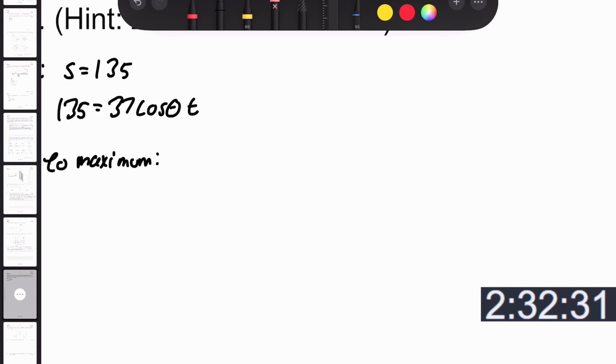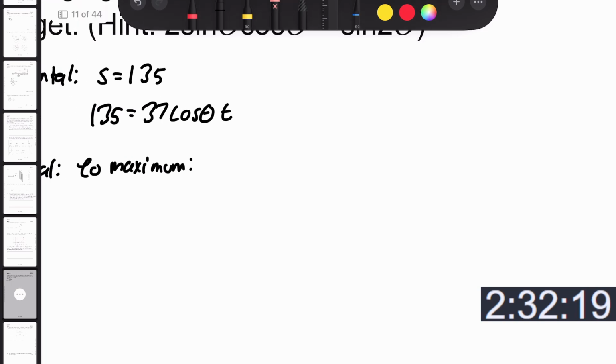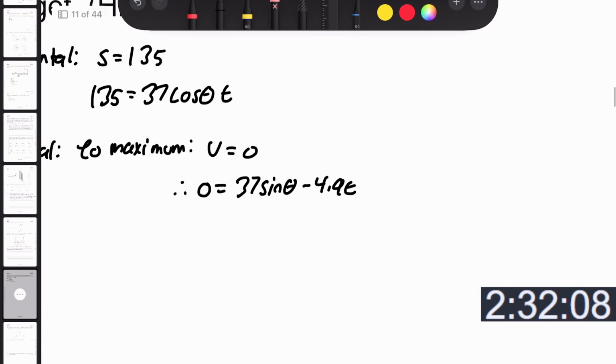Oh no, I can say that at maximum, v equals 0, therefore 0 is equal to 37 sine of theta minus 4.9 t. So then t is equal to 37 all over 4.9 sine of theta.